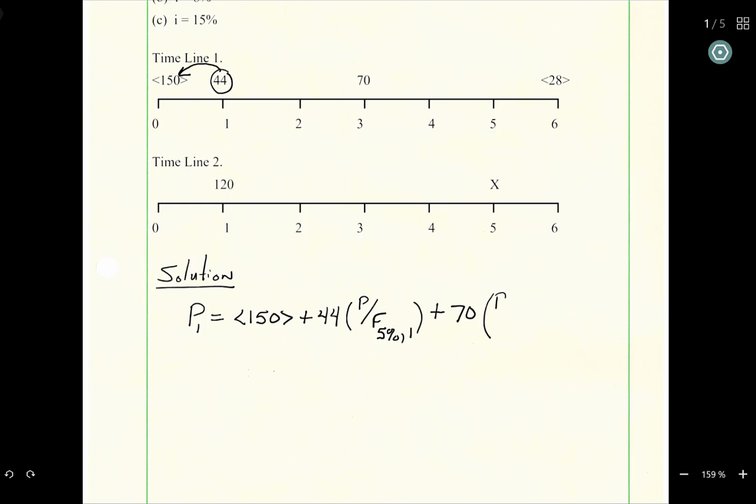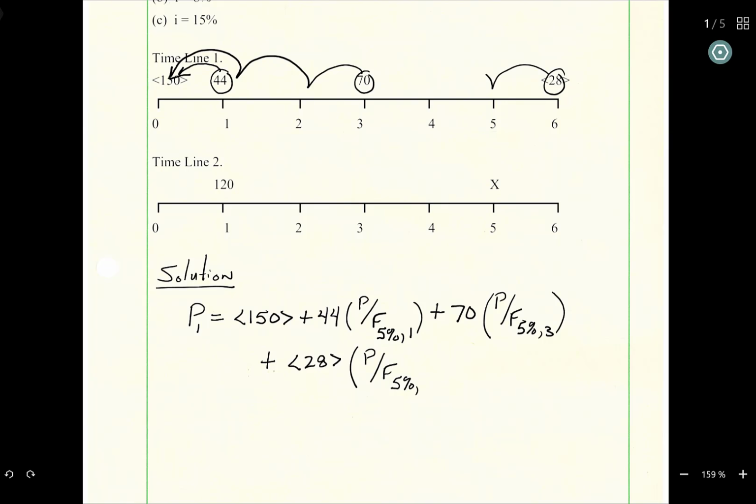We then can use another P over F factor to bring the $70 back, where the P over F factor is used at 5% interest and 1, 2, 3 compounding periods. Lastly, we have the minus $28 in year 6 that needs to be brought back 6 compounding periods.